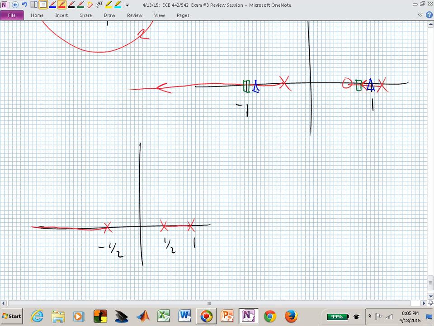Do we have any breakaway points? How many root locus branches do we have? 3. How many root locus branches are between 1/2 and 1? 1, 2, or 3? 2.